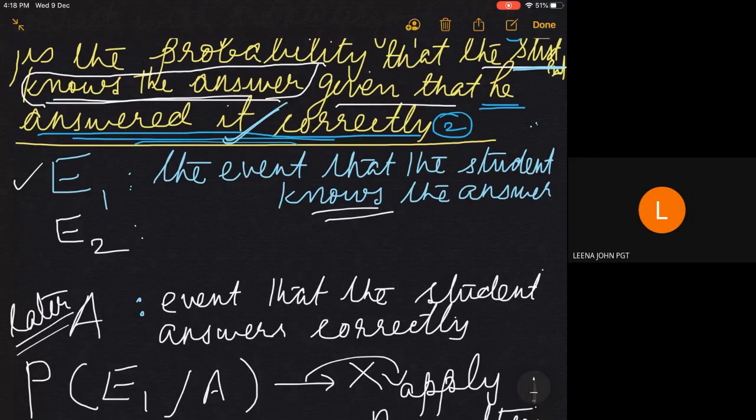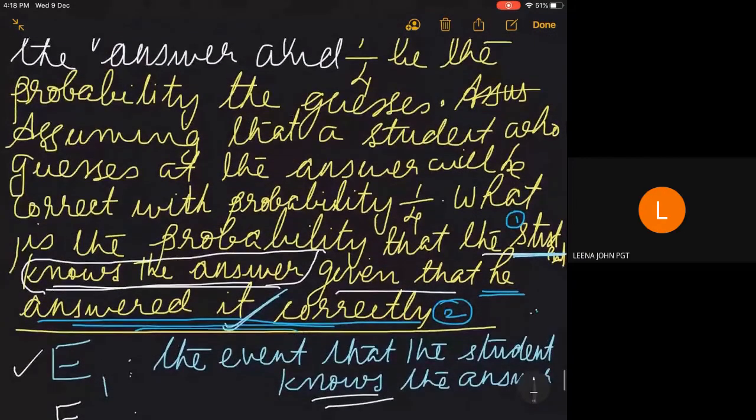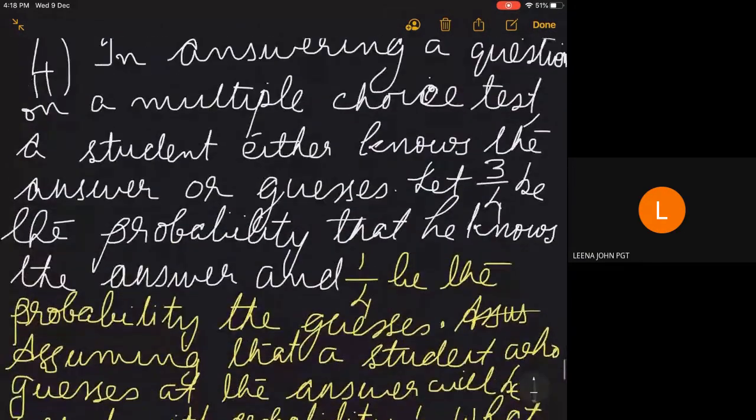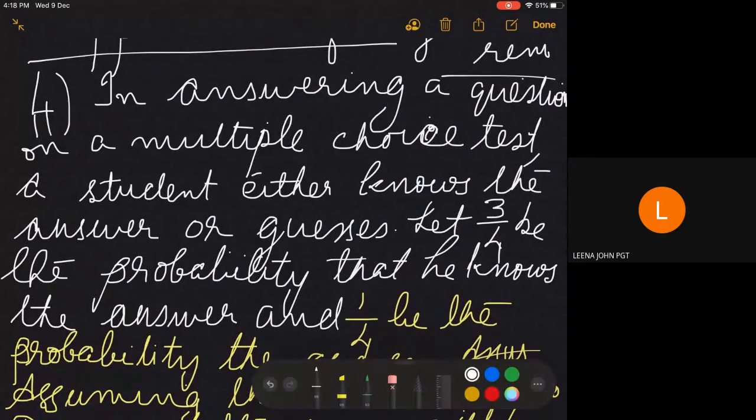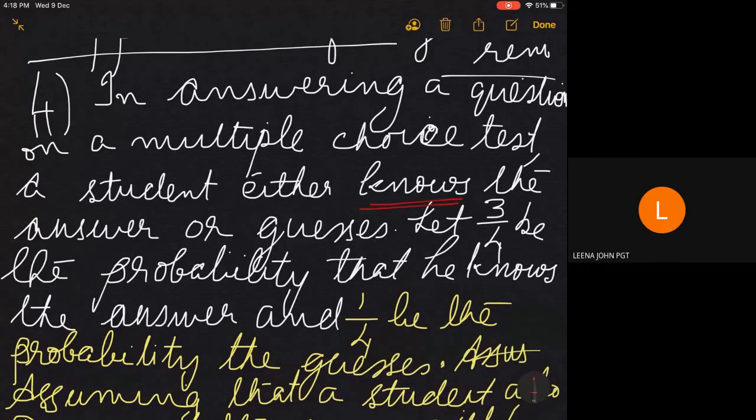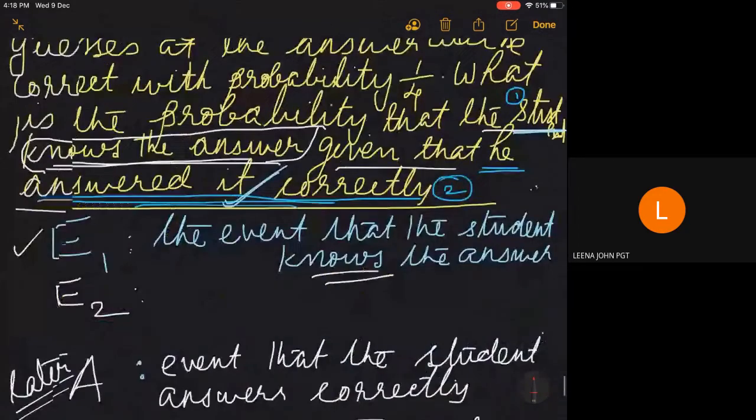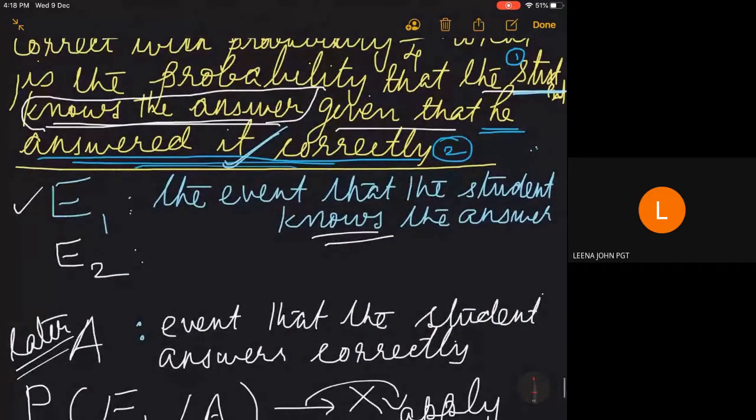If he does not know, what will be the other option? You can again go to the question and read: in answering a question on a multiple choice test, student either knows the answer or guesses. What is the other option? The other option is he guesses the answer. So we can write E2 as the student guesses the answer.